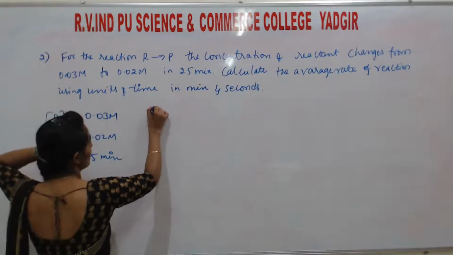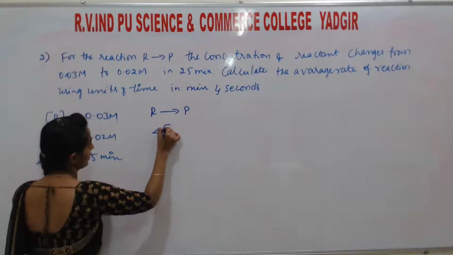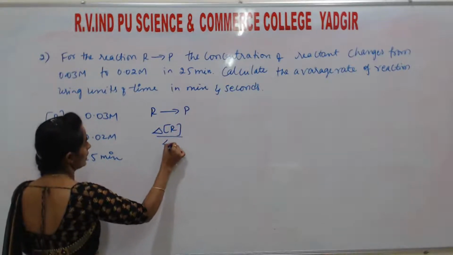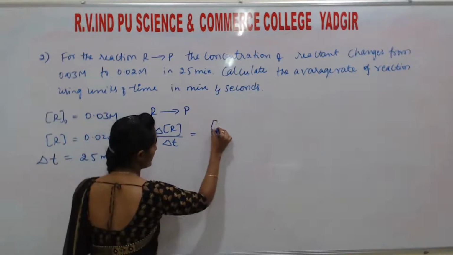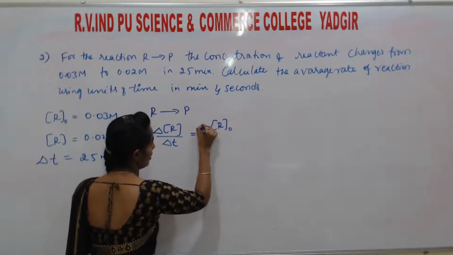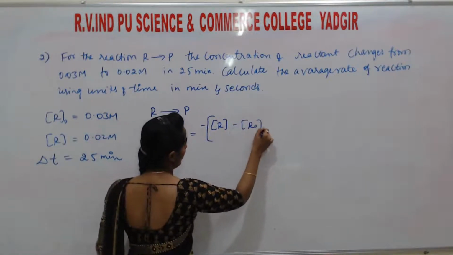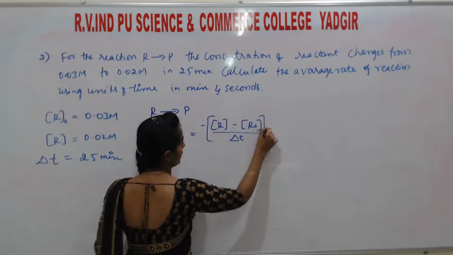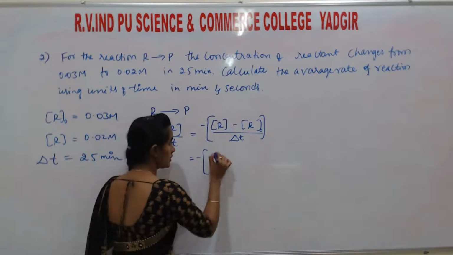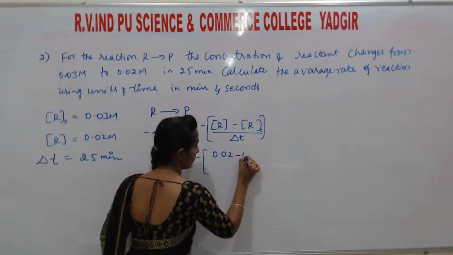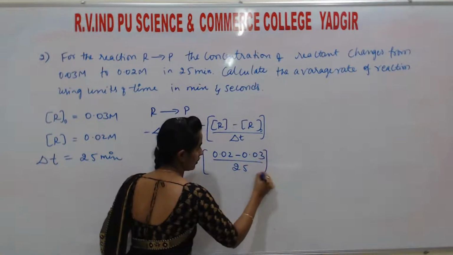So the reaction they given R tends to P, and then we want to write delta R by delta T is equal to change in concentration of R minus R naught divided by delta T. R is how much? 0.02 minus 0.03 divided by 25.